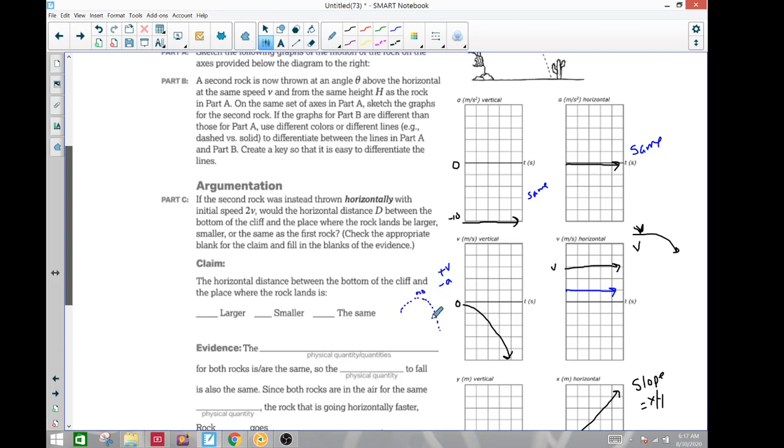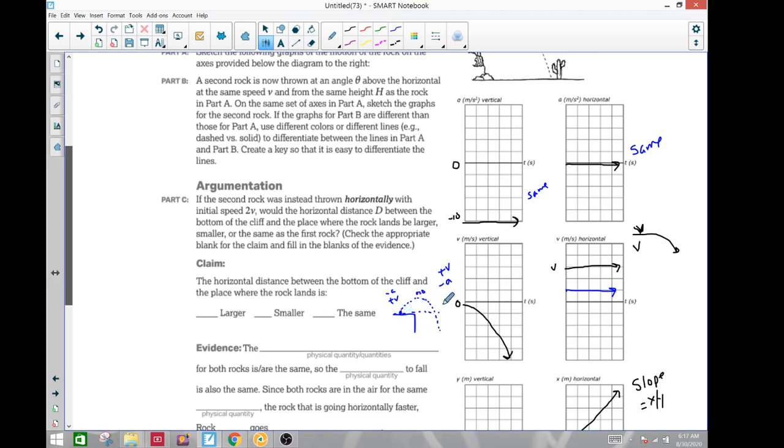And this is the cliff here. So let's think about this. Here we have a positive velocity and we have a negative acceleration, which is gravity, so we're slowing down. Our velocity is at its maximum right here, and it just gets smaller and smaller.